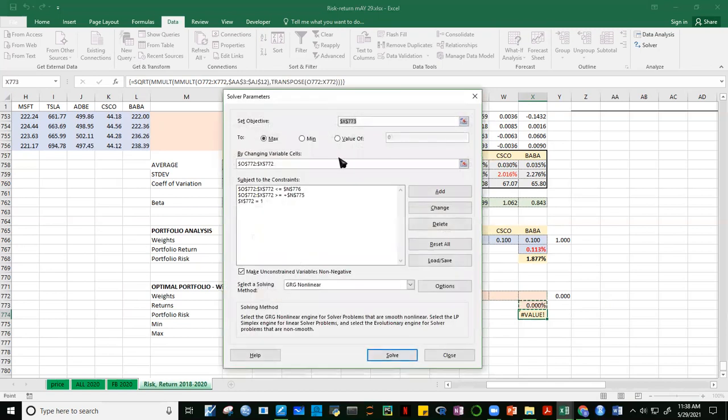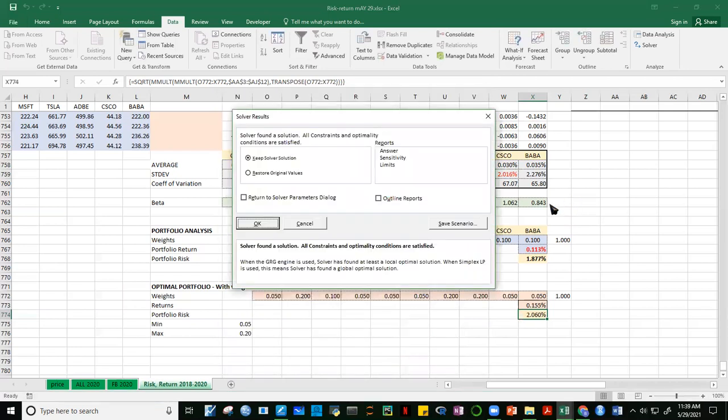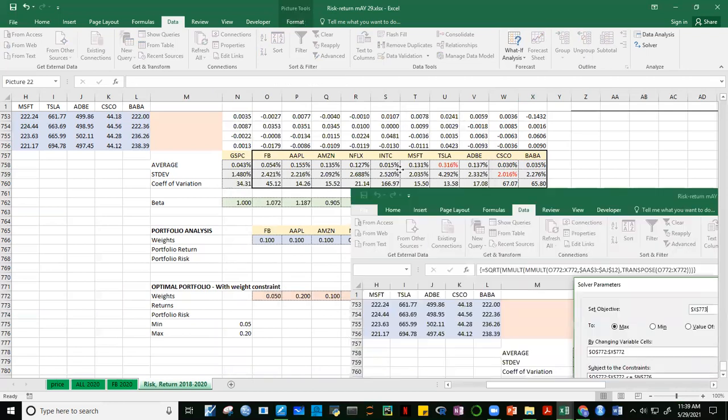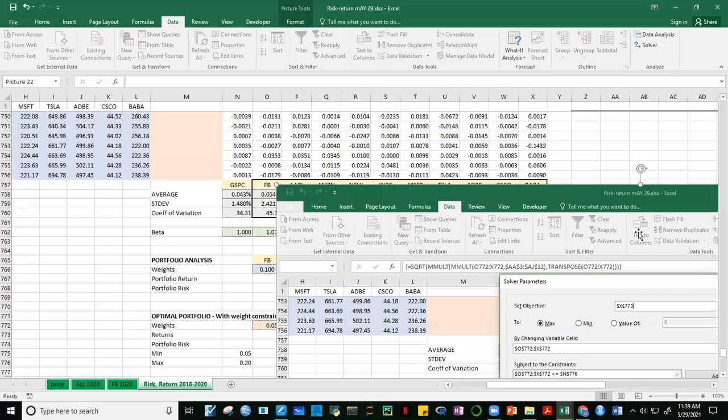Okay. Control Shift Print Screen. Okay, so i-solve na natin to. Solve. Okay, Solver found a solution. Okay, Control V. Okay, mali.